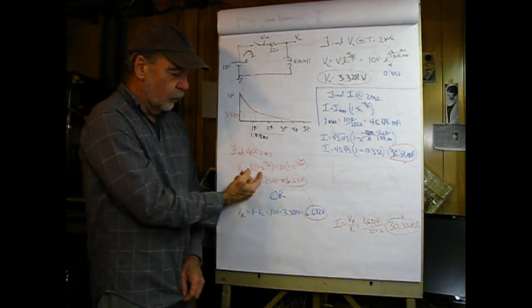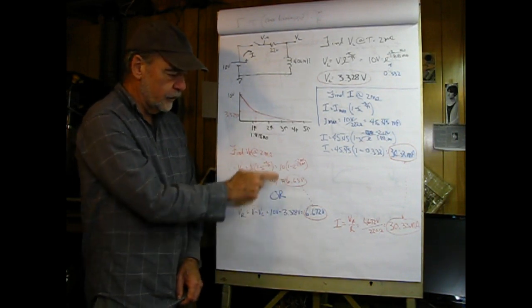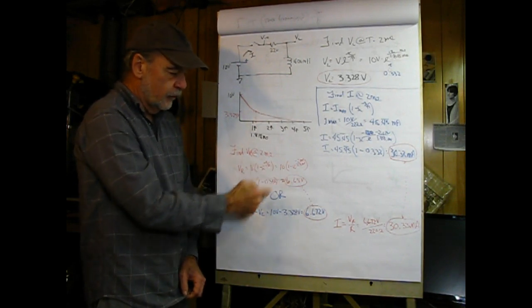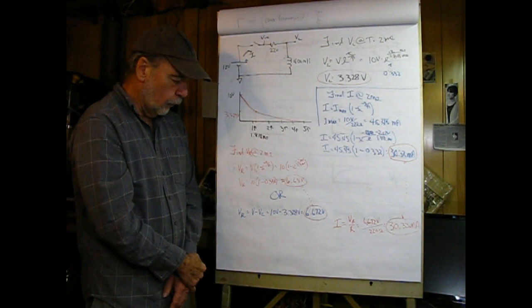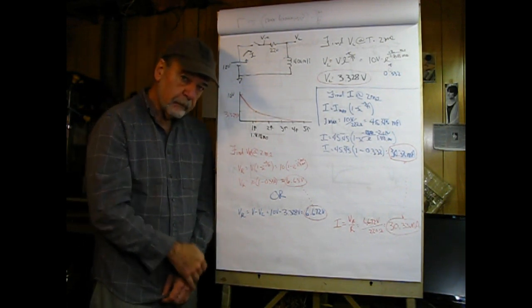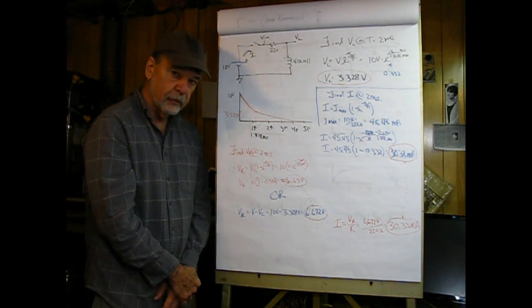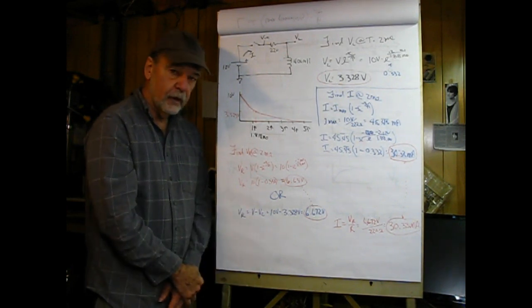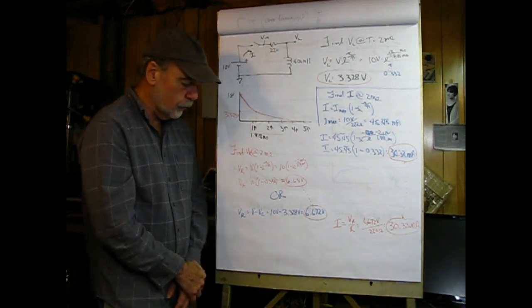Since it's going to be a rising exponential also, we end up with basically a similar equation, except here we have the voltage, and that gives us 6.68 volts. So the voltage across the resistor can also be found without using the exponential, just by the relationship of KVL, in that the total voltage has to be equal to the sum of the voltage across the inductor plus the voltage across the resistor.